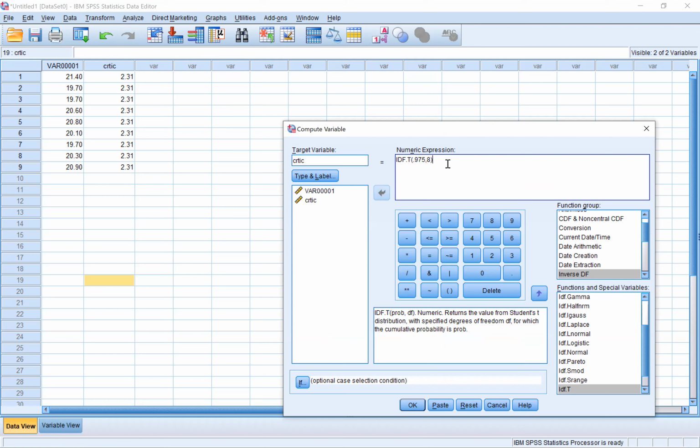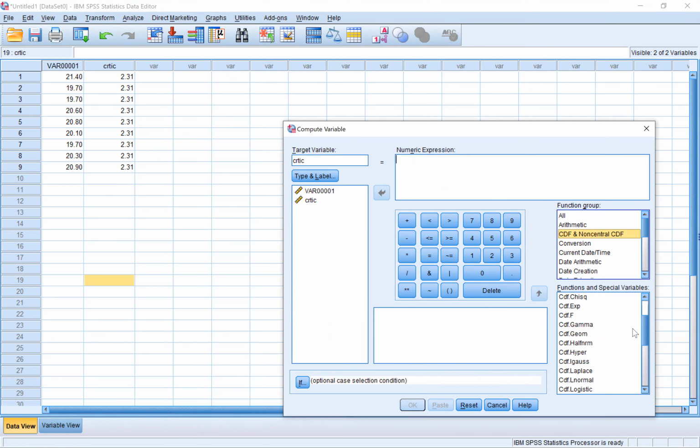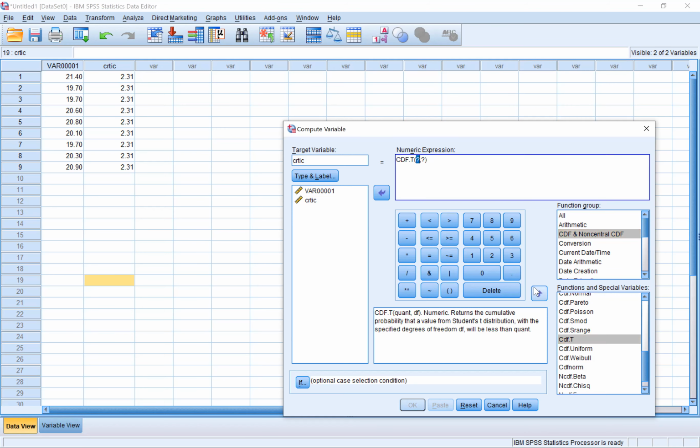You are instead looking for the cumulative distribution, and cumulative distribution for t.